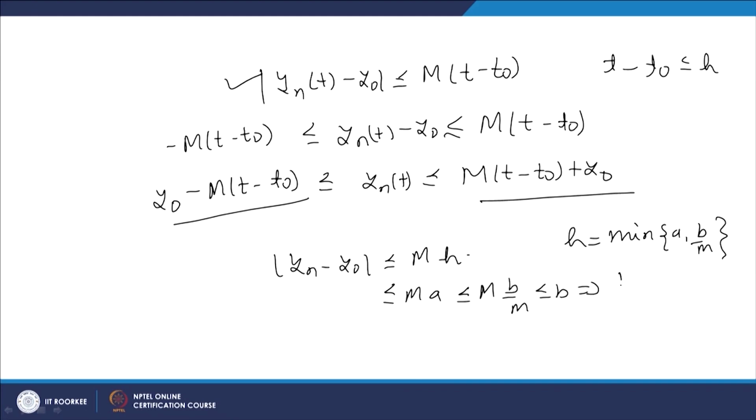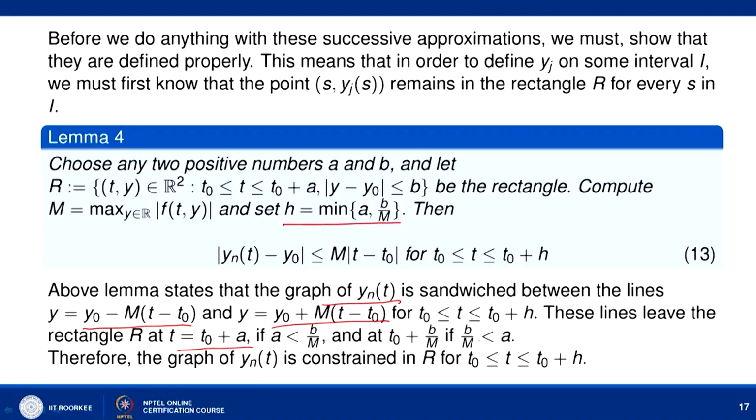So, modulus of y(t) minus y0 is less than or equal to b. It means that your y(t) remains in the rectangle. But if the minimum of a and b by M is b by M, we can simply say that modulus of y(t) minus y0 is less than or equal to Mh, where h is b by M. So, it is less than or equal to b. So, it means that for this h your y(t) will always remain in the rectangle R, that is what we wanted to show here.